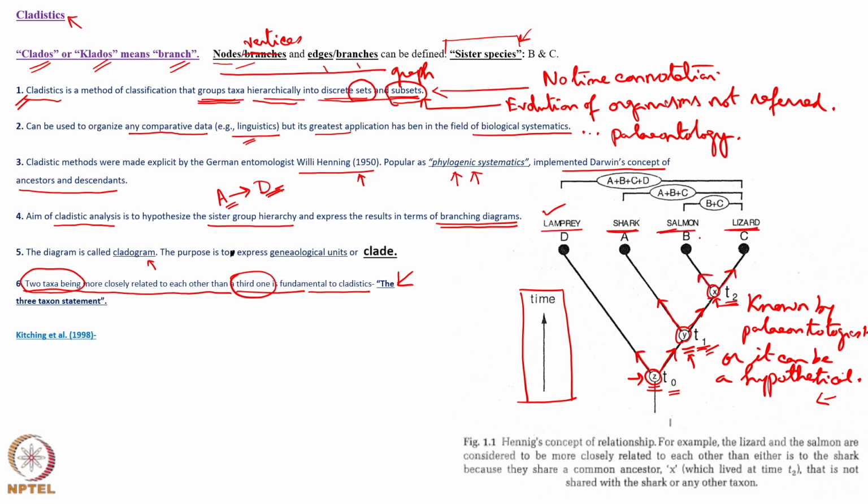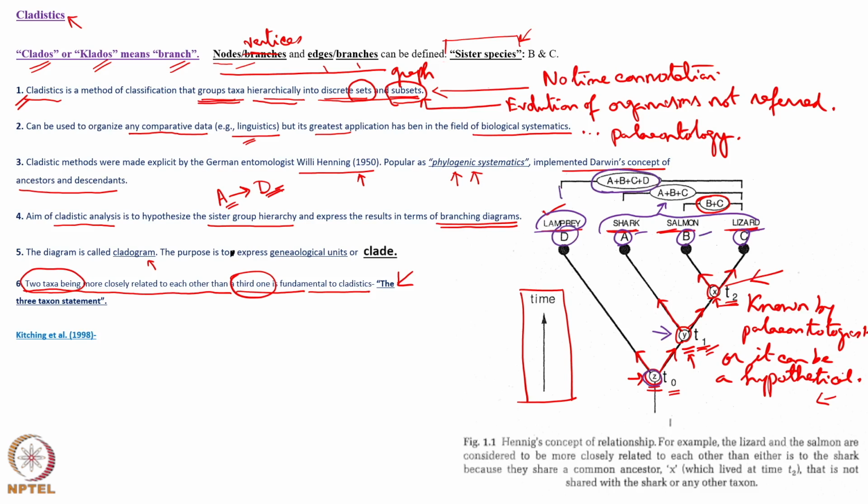So, we can group salmon and lizard as B plus C since they have a common taxon. We can also group shark, salmon and lizard as A plus B plus C since they come from a common ancestor Y, or we can also group lamprey, shark, salmon and lizard as A plus B plus C plus D because they come from the common ancestor Z.